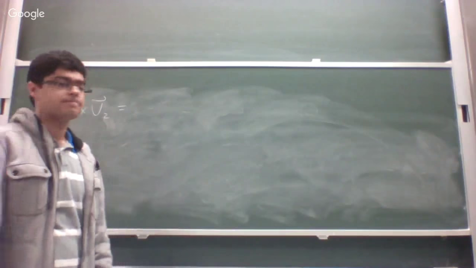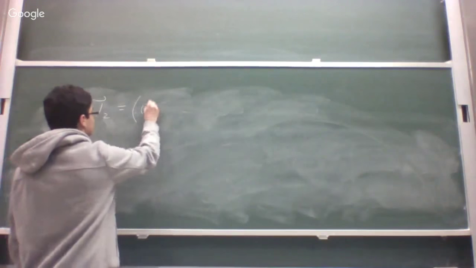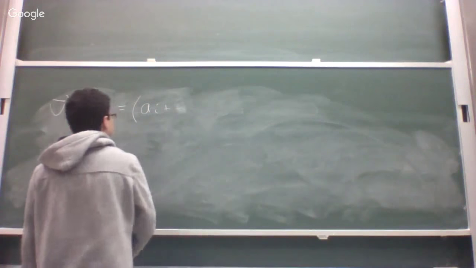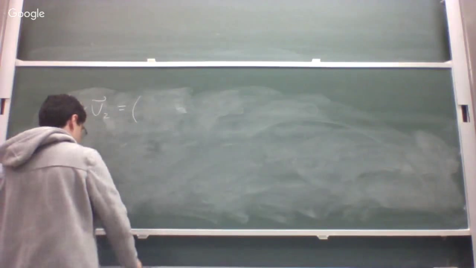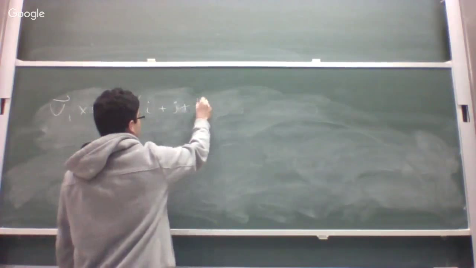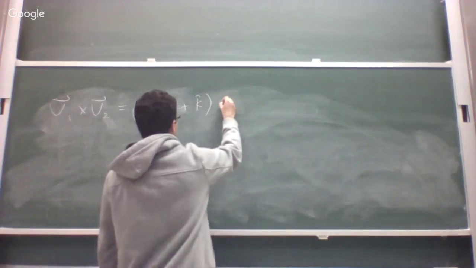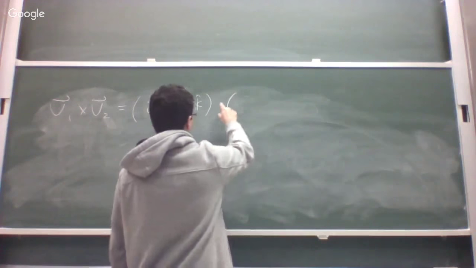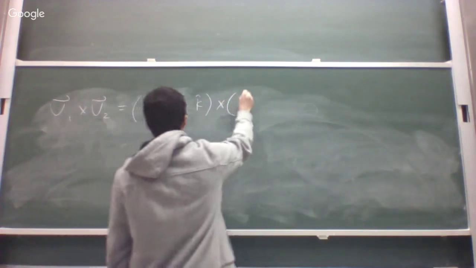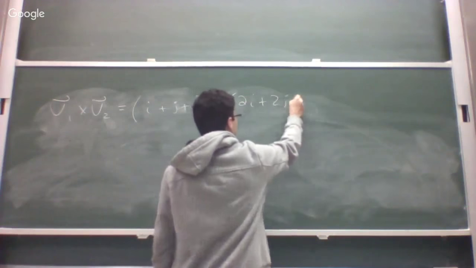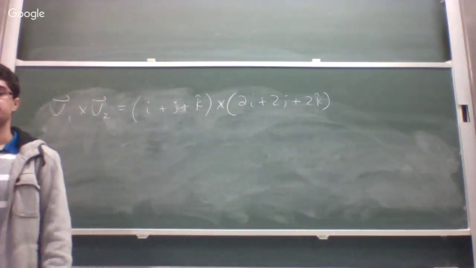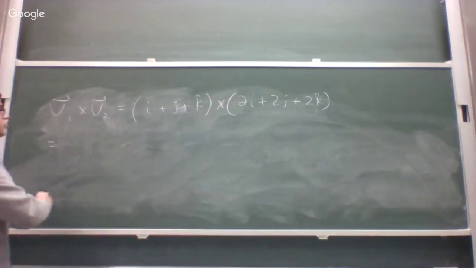So this would be I plus J plus K, let me use numbers, so it's ones crossed with 2I plus 2J plus 2K. So then we set it up.